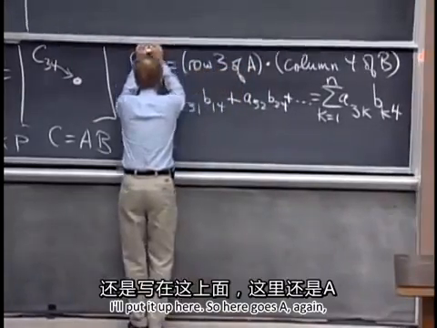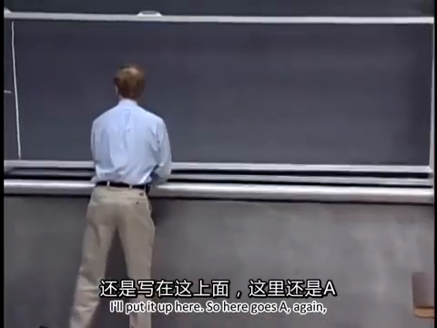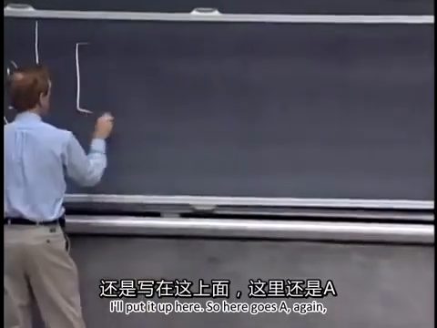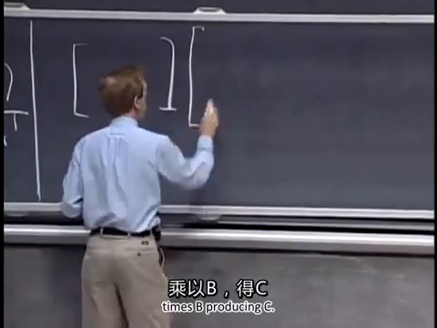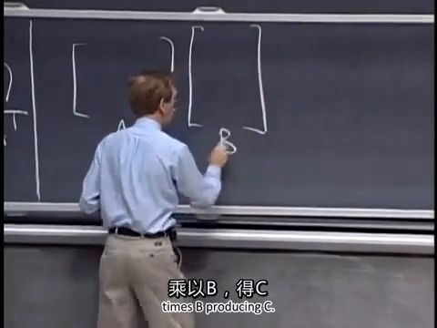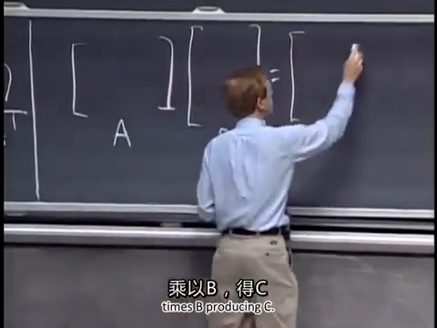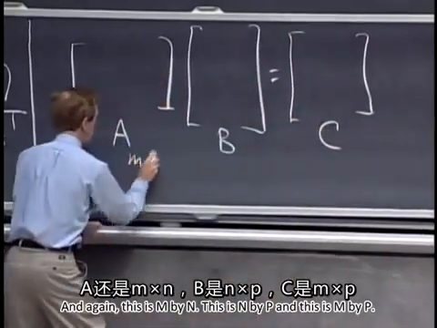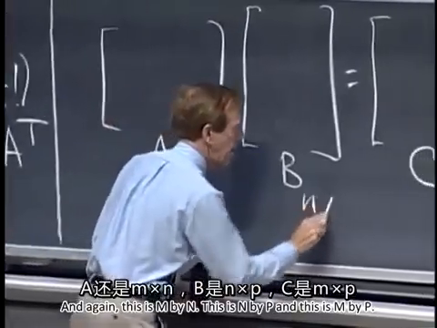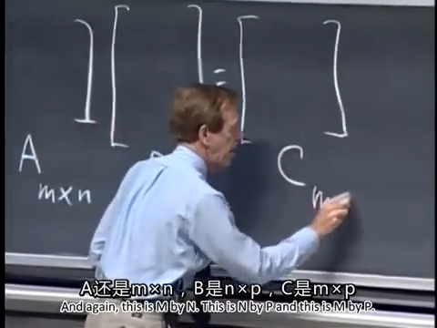So here goes A again, times B, producing C. And again, this is m by n, this is n by p, and this is m by p.